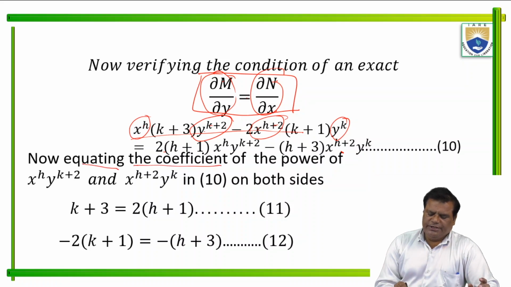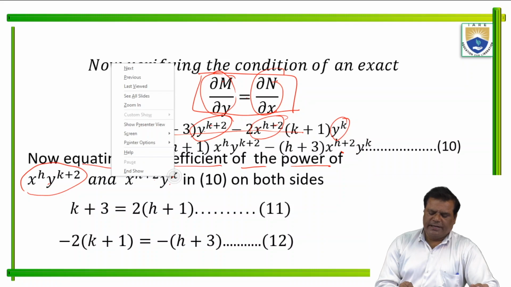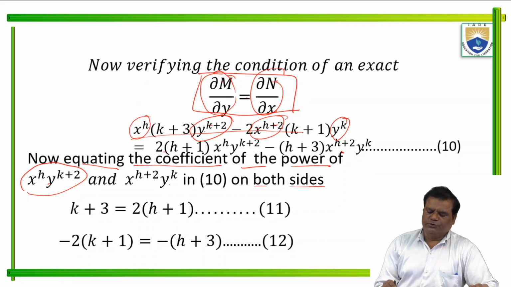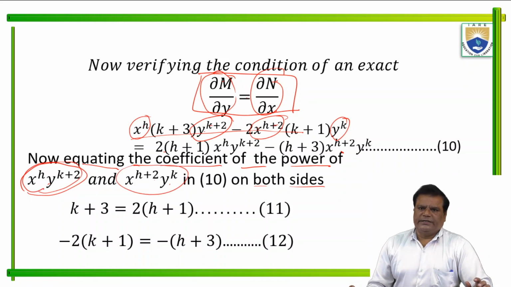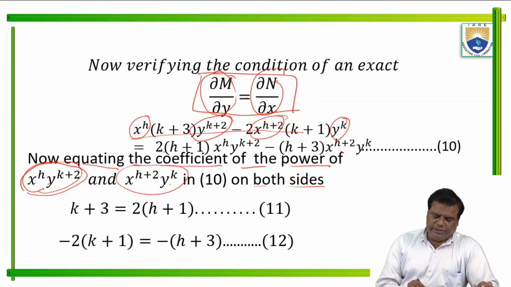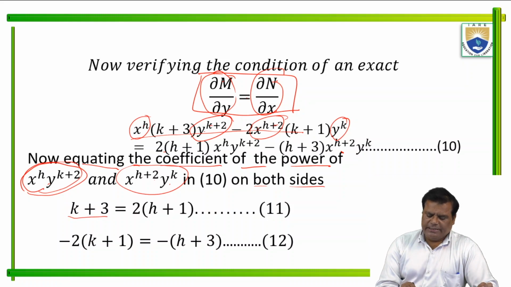Equating the coefficients of x to the power h, y to the power k plus 2 and x to the power h plus 2, y to the power k in equation 10 on both sides, we get k plus 3 equal to 2h plus 1. So we get equation 11.